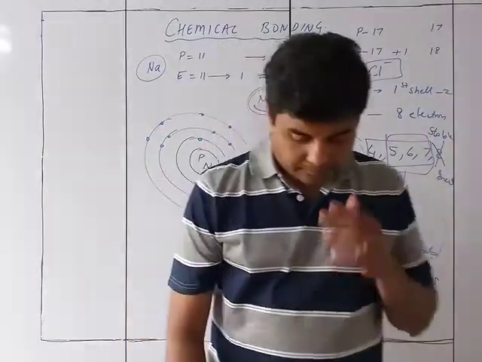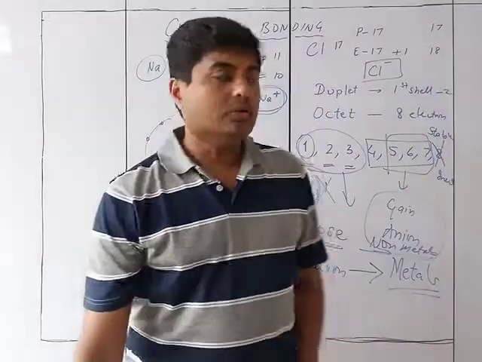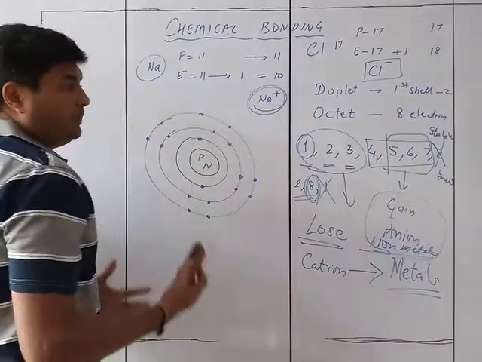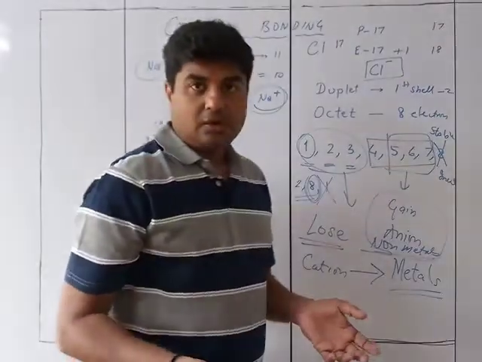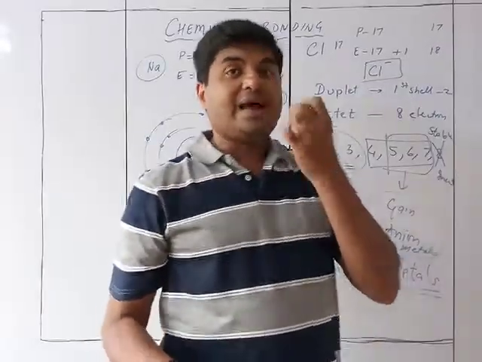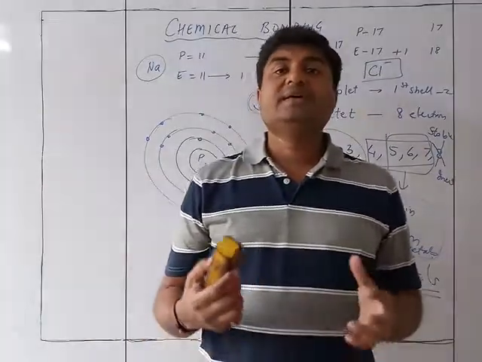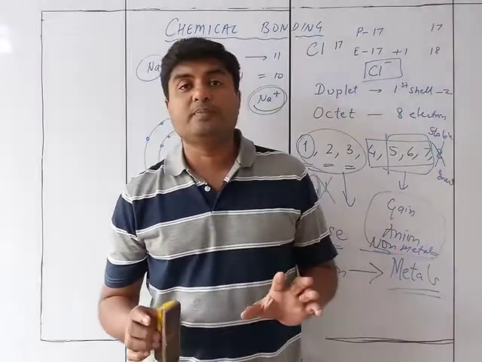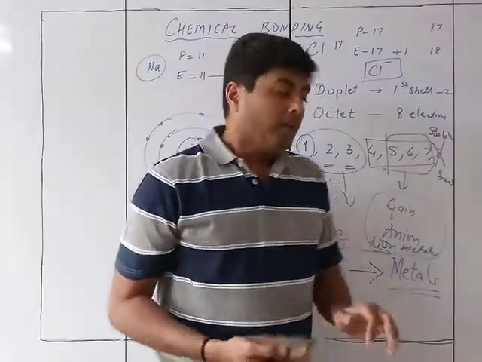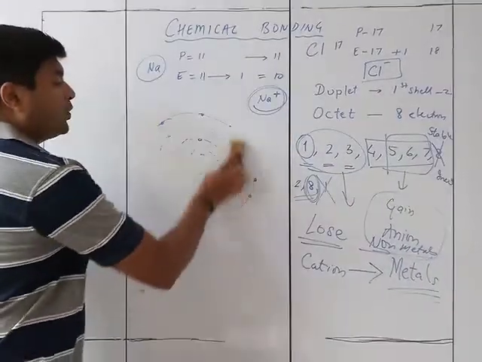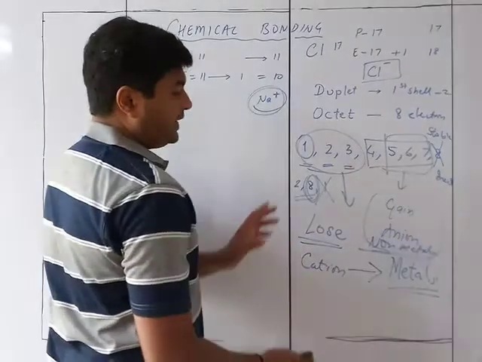Okay, simple. Now, the basic purpose of the transfer of electrons or sharing of electrons is to have a stable electronic configuration. But when they do so, they form molecules.